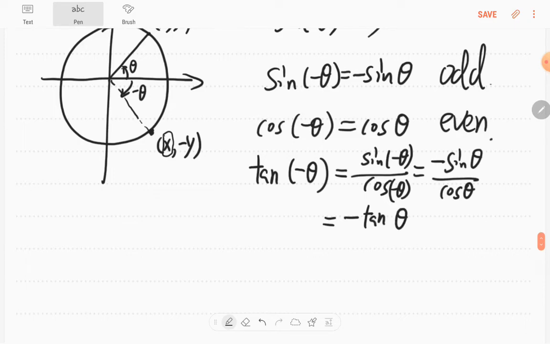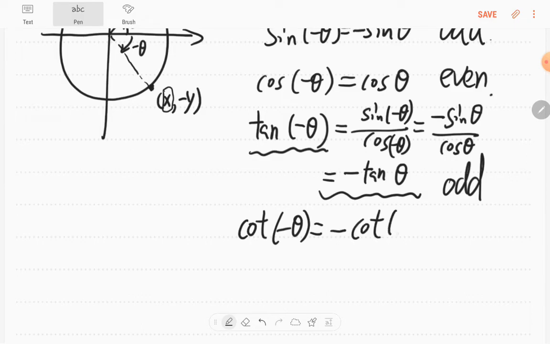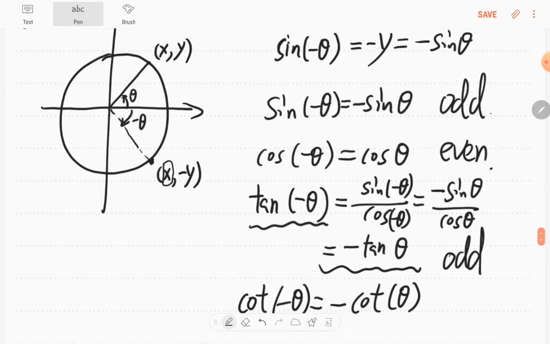So tangent of negative theta equals negative tangent theta, so this is an odd function. Tangent is odd. And cotangent is just 1 over tangent, so it's still an odd function. Cosecant is 1 over sine, so it's an odd function. And secant is 1 over cosine, so it's an even function, sorry.